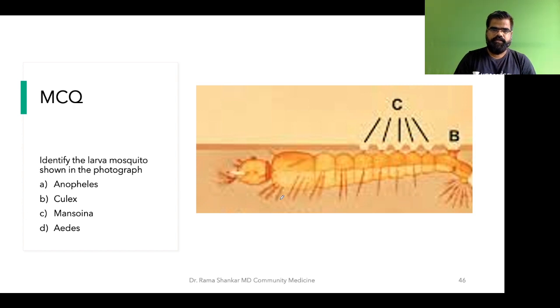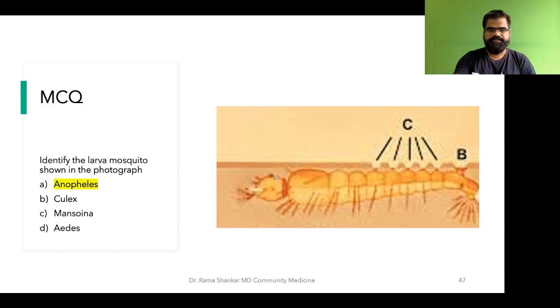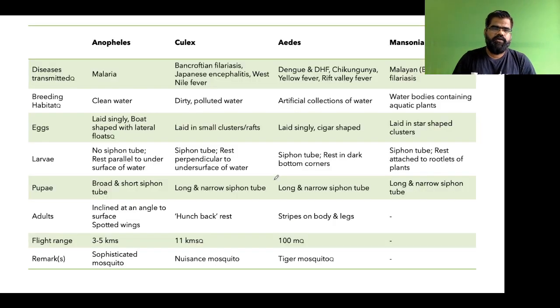Let's try to understand. The answer to this question is Anopheles. So the larva shown in the picture is an Anopheles larva. How do you say that? Whenever you are reading identification of mosquitoes, larva, egg, pupa and all, look at the picture.